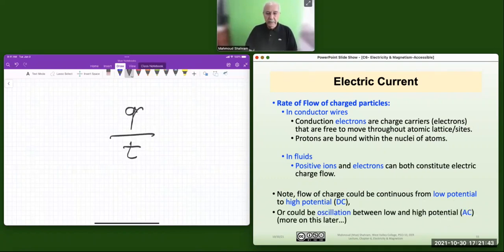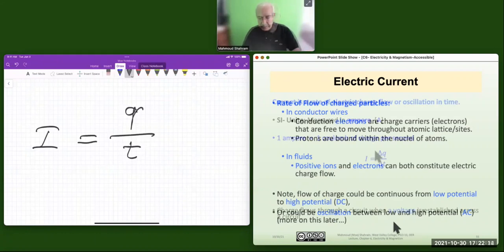And later on we will see that there is a different type of current. This type of current is called a DC current. Electrons move from the negative side to the positive side. But there are other types of current that oscillate. We will talk about that extensively.